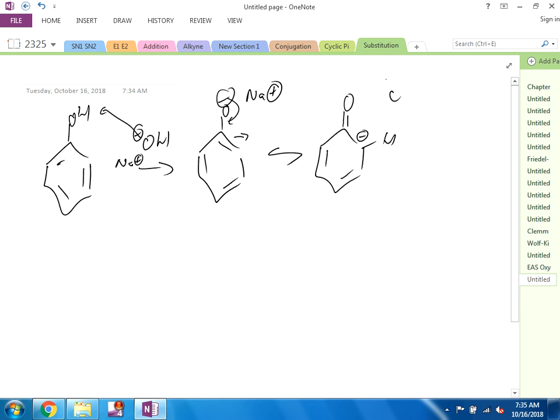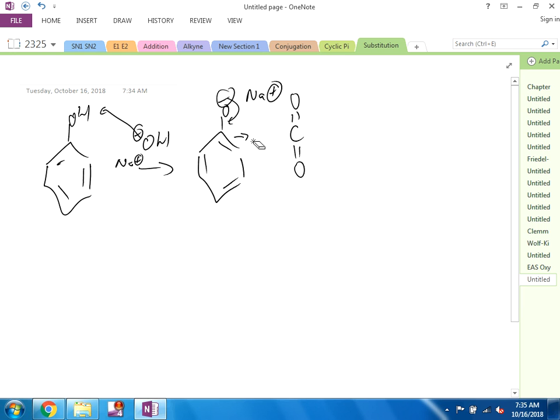And so if you draw that picture, then you can go ahead and react that with carbon dioxide. Let me just use the carbon dioxide here to show you that in some sense this is a pericyclic reaction, but it also helps explain why this carbon dioxide is going to react ortho.